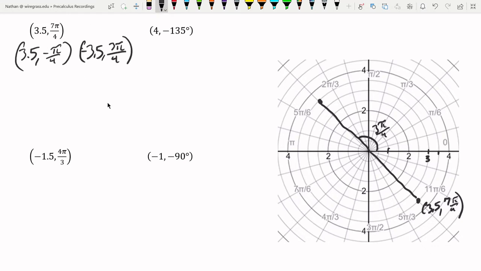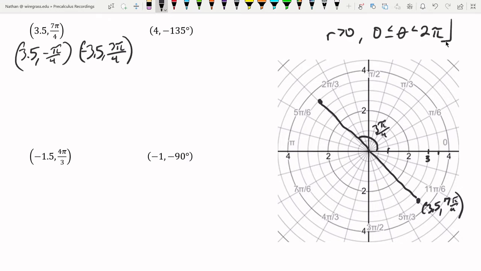So these are all equivalent points. They are different in what they mean. Negative pi over 4 is in some ways a different representation of this point. So there are different representations of the same point, and that's one of the issues with polar coordinates. However, we tend to like to have r greater than 0 and theta greater than or equal to 0 and less than 2 pi.